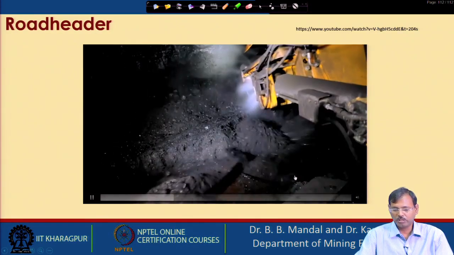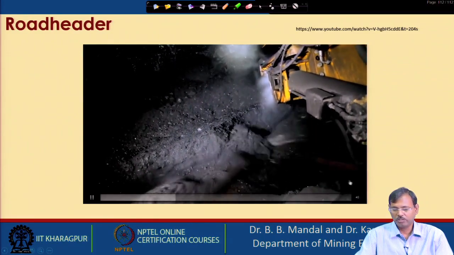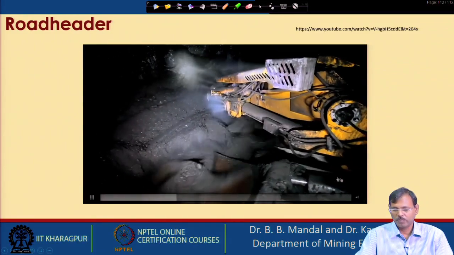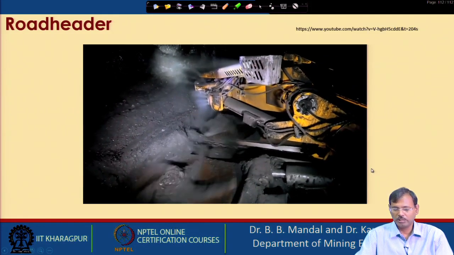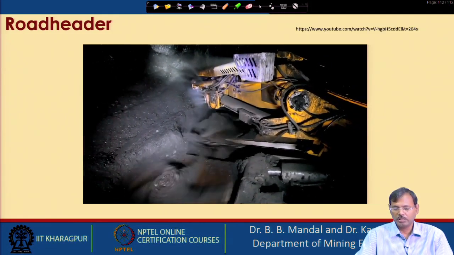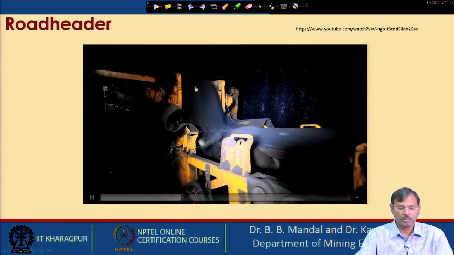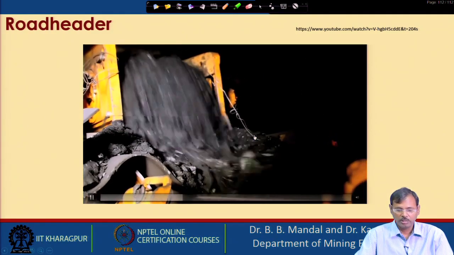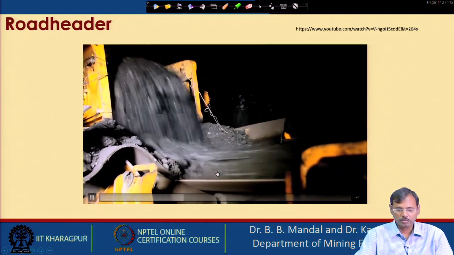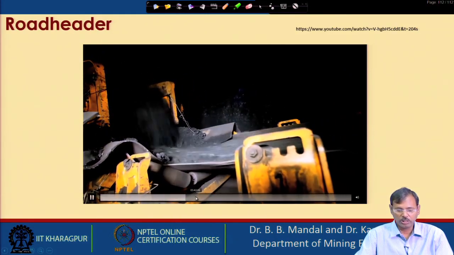You can see the primary chain conveyor is taking the material to the discharge conveyor, and the discharge conveyor is discharging the material onto the conveyor. So, this is a very common system in the road header.